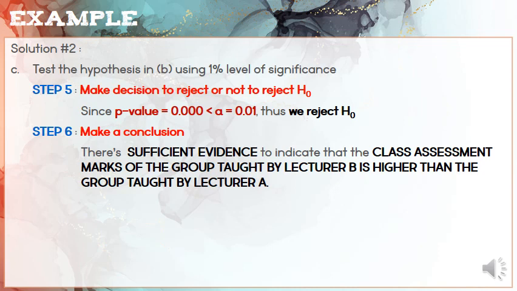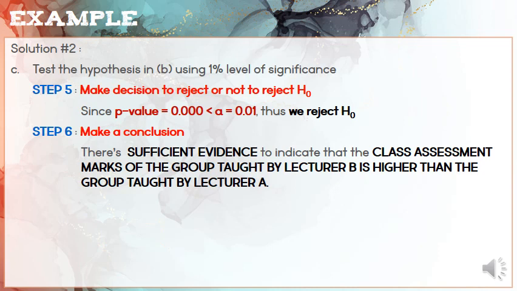You dah decide to reject, what is your conclusion? So, there is sufficient evidence to indicate that the class assessment marks of the group taught by lecturer B is higher than the group taught by lecturer A. You tengok dekat sini, conclusion saya mestilah menerangkan balik apa yang soalan claim, apa yang soalan minta, apa yang soalan suruh buktikan.